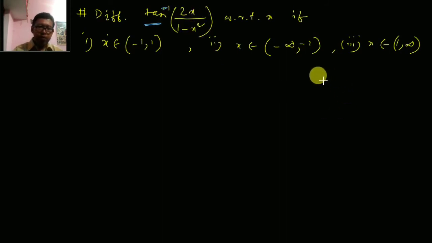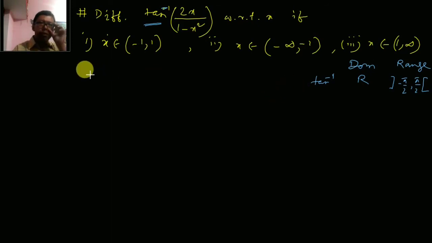So tan inverse, I write its domain and range. What is the domain? Domain of this one is R, and range is open interval minus pi upon 2 comma pi upon 2. Okay, so range and domain are known.